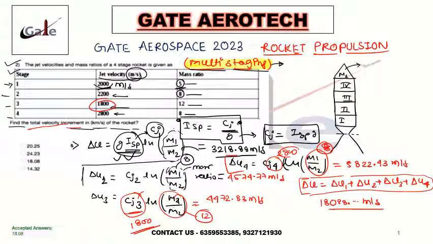So if you divide this by 1000, you will get the change in velocity as 18.08 kilometer per second. So that means in 1 second, you are covering 18.08 kilometers distance, they are saying.